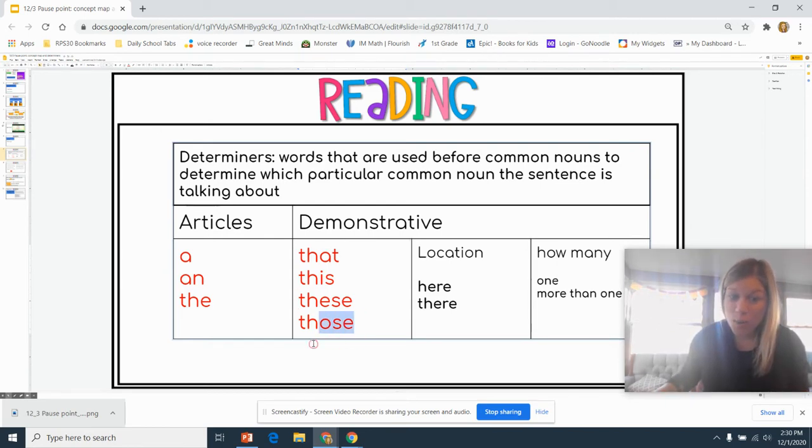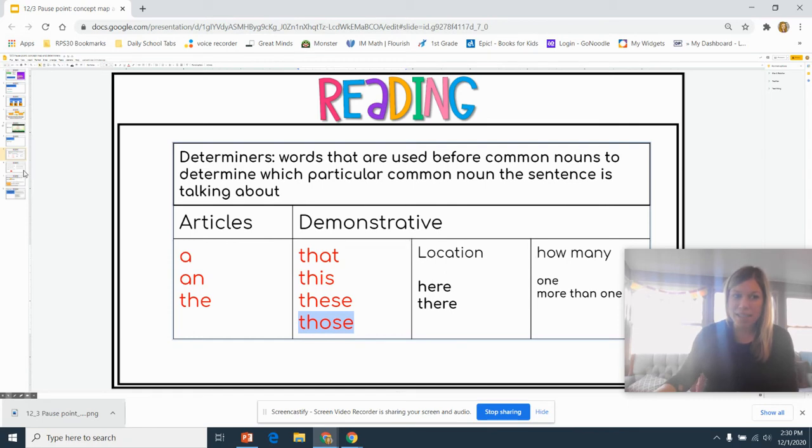So those are more than one, but they're over there. So a demonstrative not only tells me where something is, if it's here or is it there, but it also tells me how many. Do I have just one of them, like that or this? Or do I have more than one, like these or those? So I have to pay attention to which one I need when I am using it in a sentence.